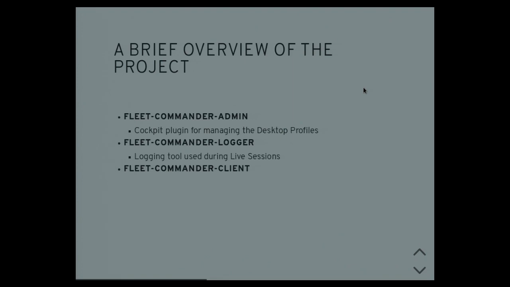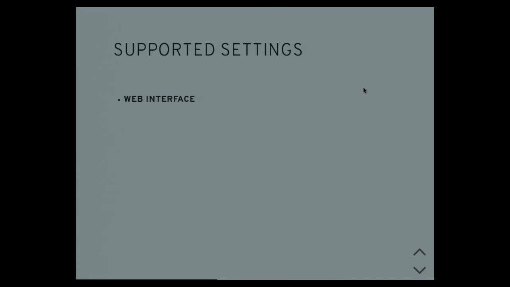Currently we support different subsets of settings, and we have two ways to get those settings into a profile. The first one, which is the easier one in some way, is the web interface, where you can use a custom web interface to add some kinds of settings.